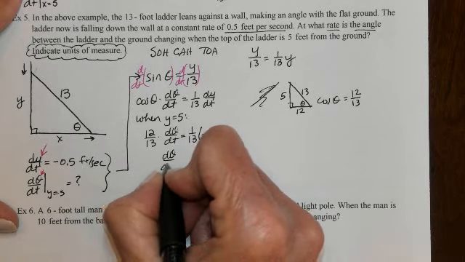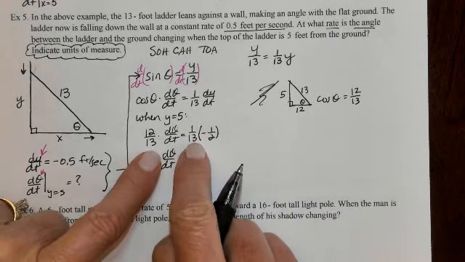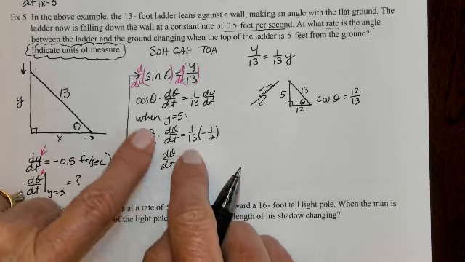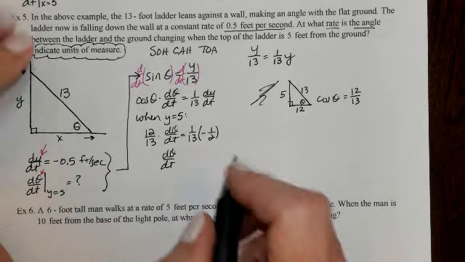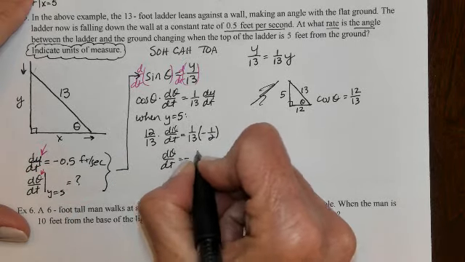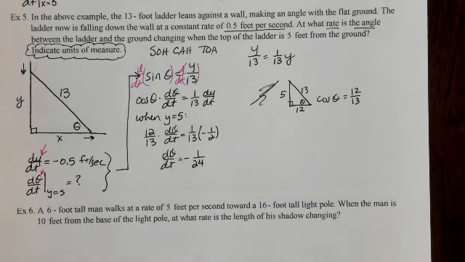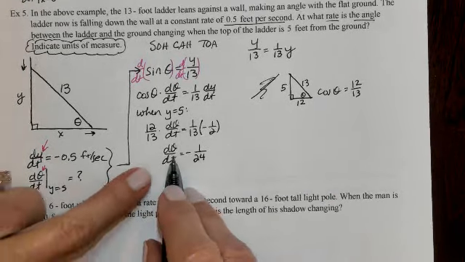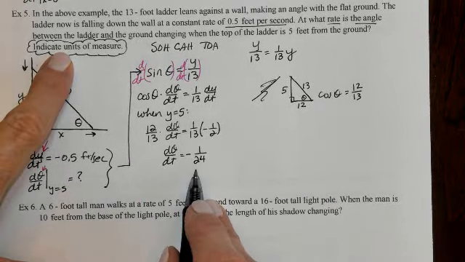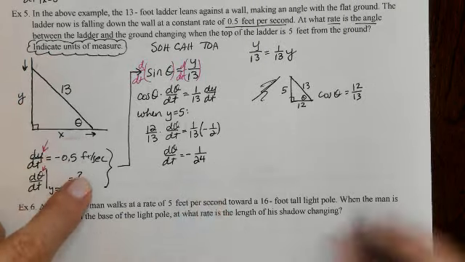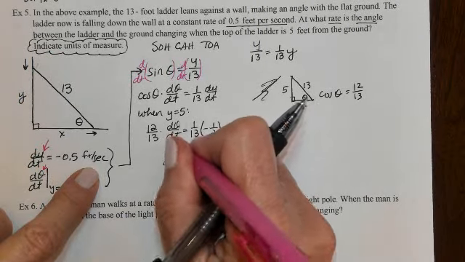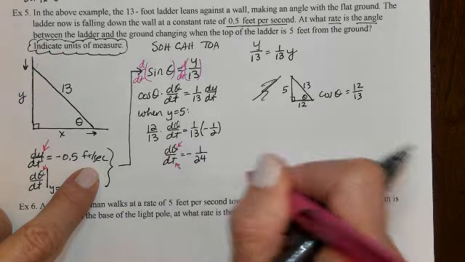So d theta dt, if I multiply both sides by 13, they're gone, right? And then I'm just going to divide both sides by that 12. So it'll be negative 1 over 2 times 12. Okay? That's d theta dt. We need units of measure. So I need units of theta divided by units for time.